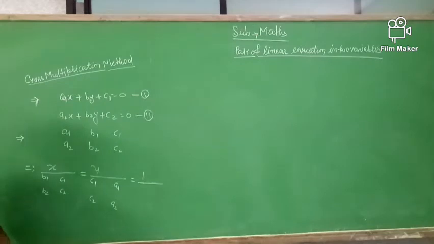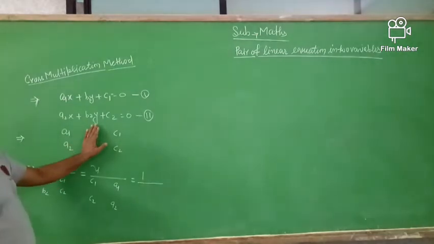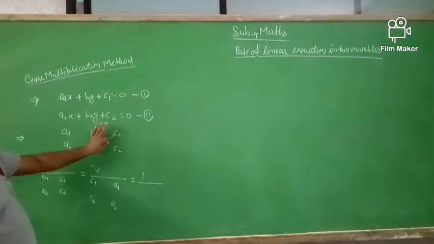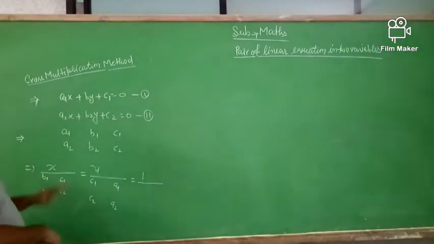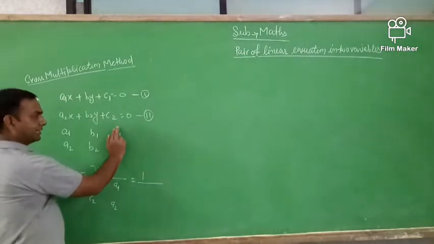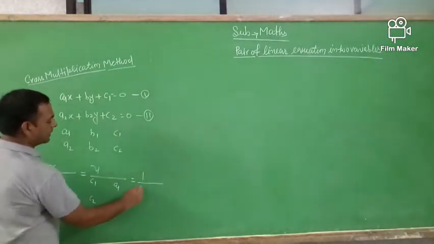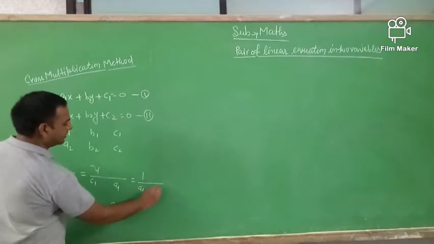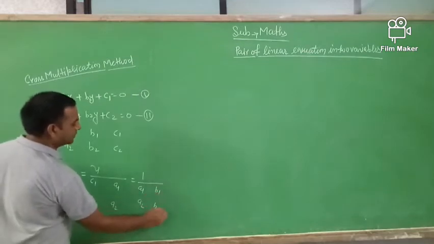Here you can see that you go in cyclic order, otherwise the sign will change. So first you write down c1, c2 and after that a1, a2. After that, for the constant term, you remove the coefficient of the constant term, so this is a1, a2 and then b1, b2.